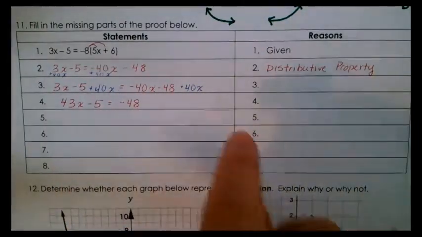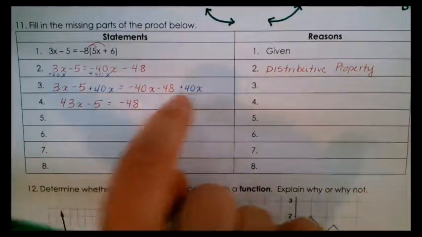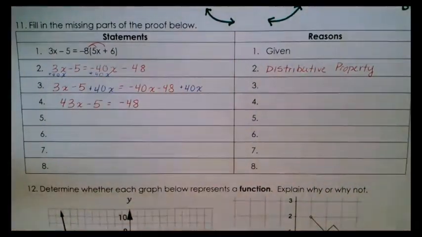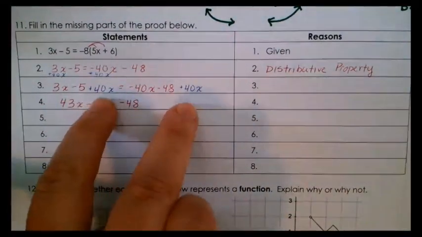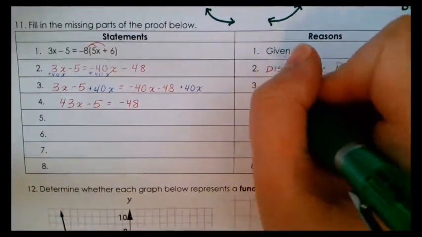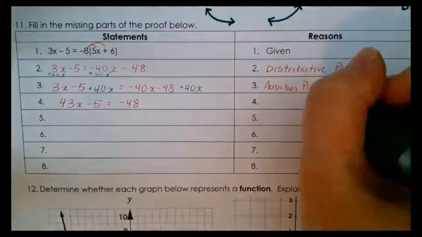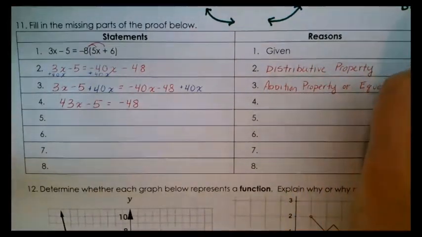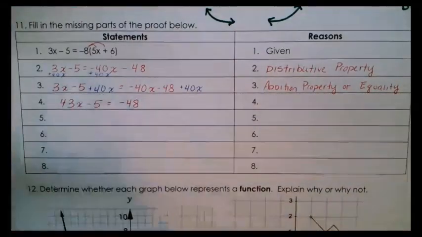Now, what I was doing in step 3 is I was adding the 40x to both sides because we said in step 2 that's what we should do next to get all the x's to one side. So for step 3, what I did here was I added 40x to both sides. So I'm going to write addition property of equality because I kept the equation equal and balanced by adding the same number to both sides.